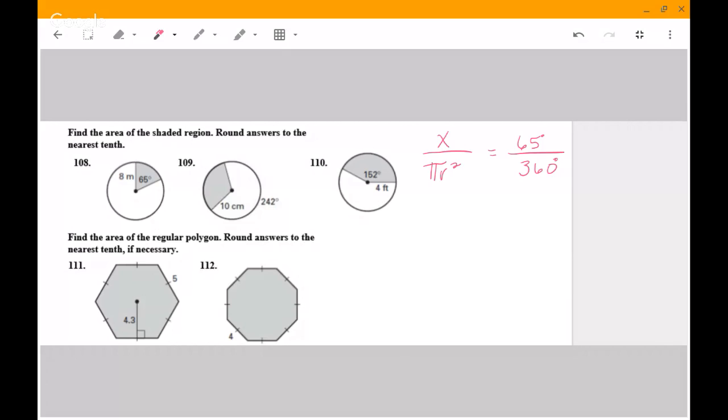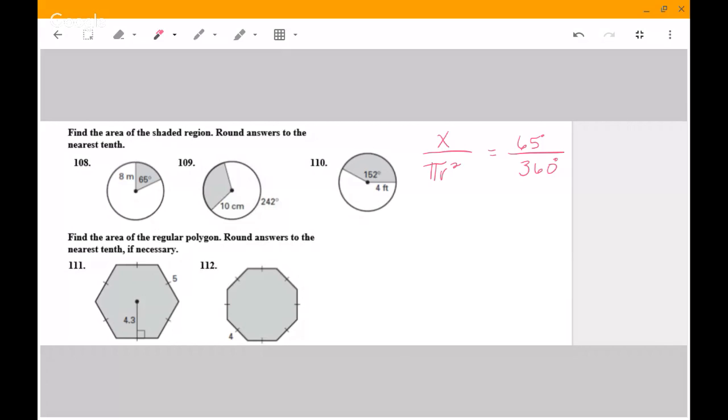Is the percentage way still correct? Where you take 65, divide it by 360 to find what percent of the circle that sector is, and then find the area of the whole circle, and then multiply that by the decimal or divide it by the percent.